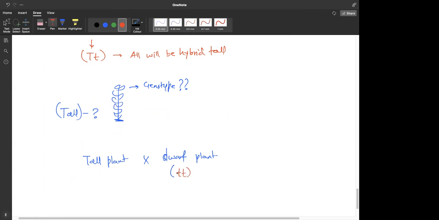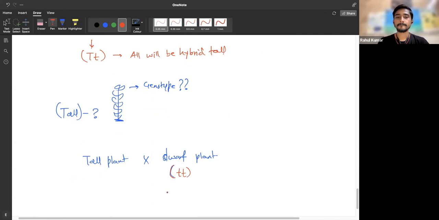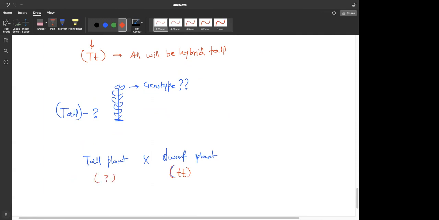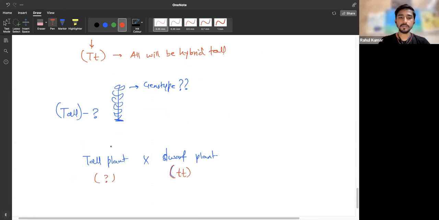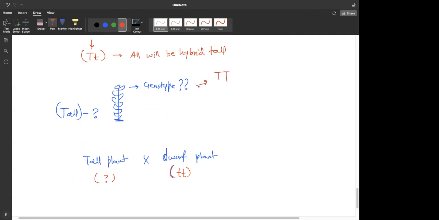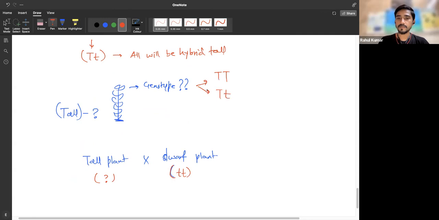Right? This part is clear to all of you. We do not know the genotype of this tall. Now, what are the 2 possibilities? It can be either this or this, right?